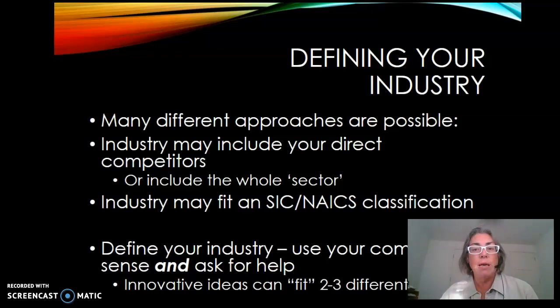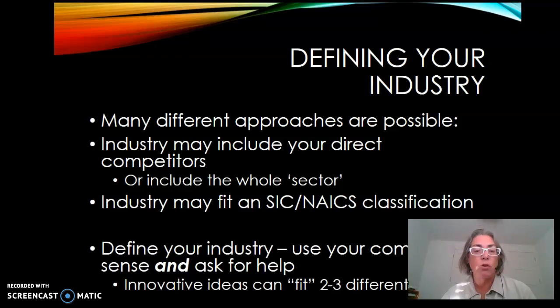The first step is to define your industry, and there's a lot of different approaches that are possible. One is to think about just focusing on the direct competitors, companies that are solving the same problem as you and using a similar approach as you are, and that would be your industry. Or sometimes we want to look at the whole sector, and in that case we're looking at a lot of different companies doing similar and related things to your innovation.